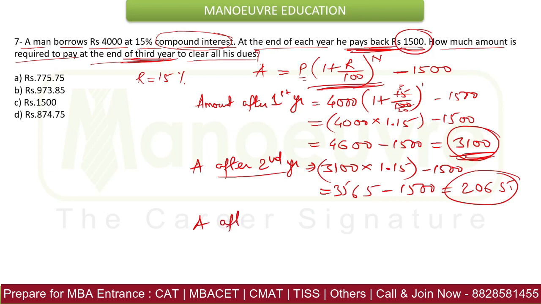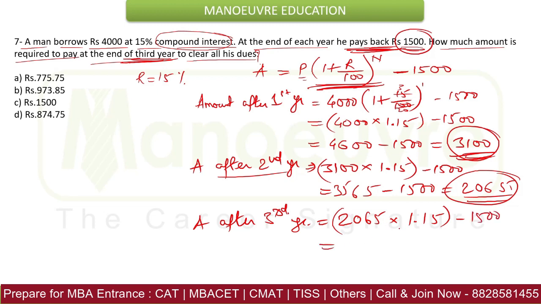Similarly the amount at the end of third year, so here the new principal will be 2065 into the value of 1 plus R by 100 for 1 year, that will be again 1.15, and again at the end he will be paying back minus 1500.